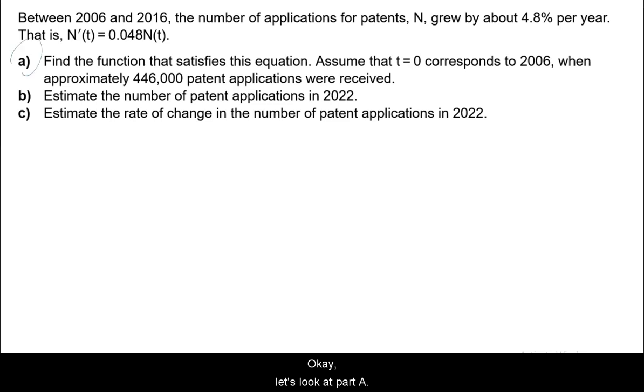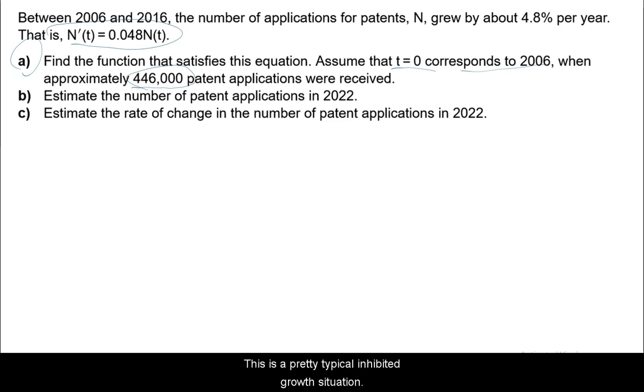Okay, let's look at part A. Find the function that satisfies this equation, assuming that t equals 0 corresponds to 2006, when approximately this many patent applications were received.